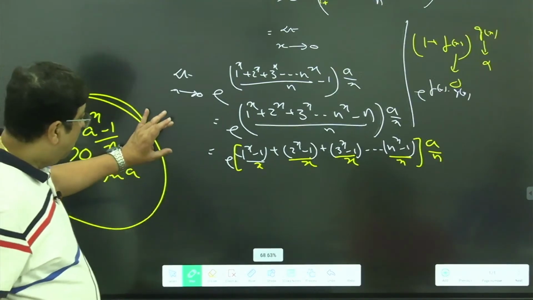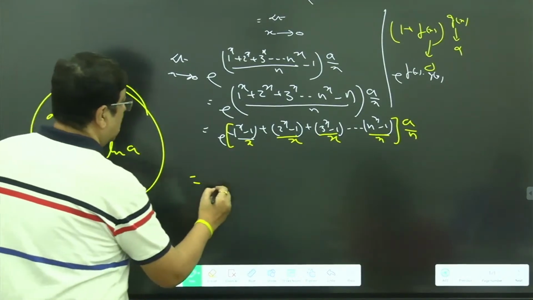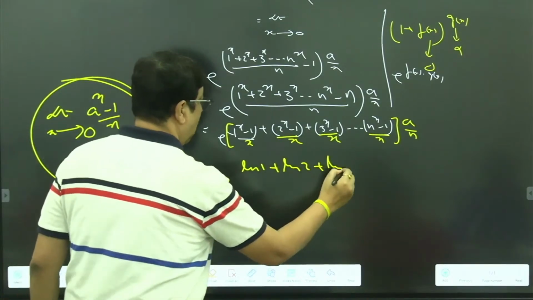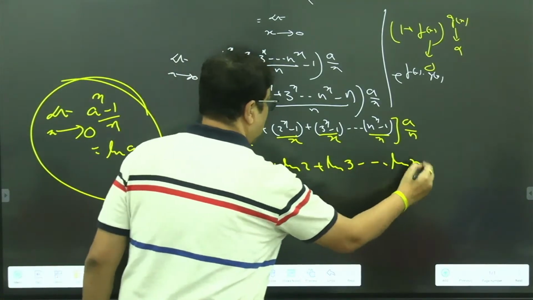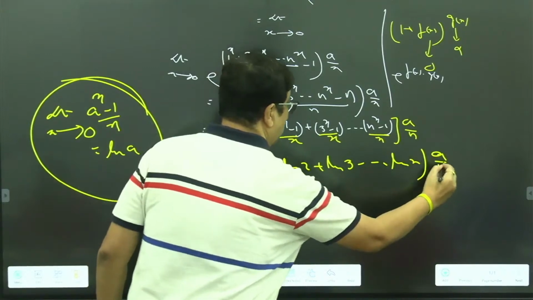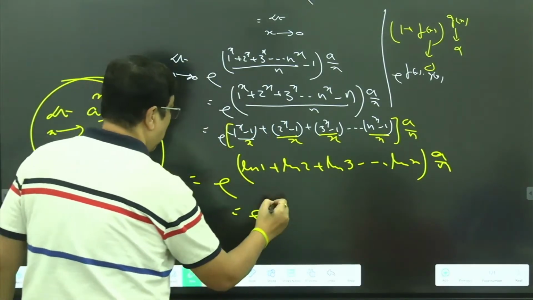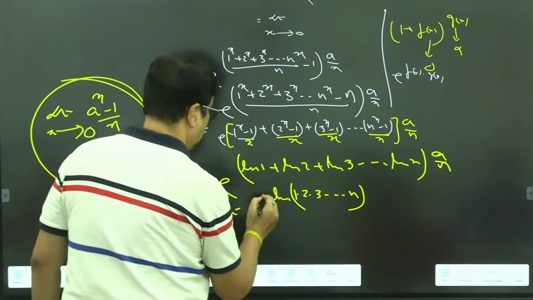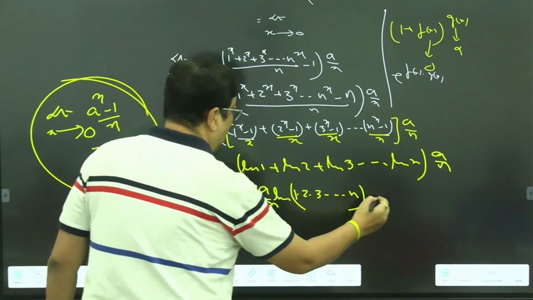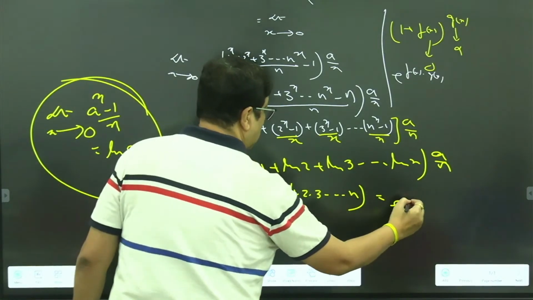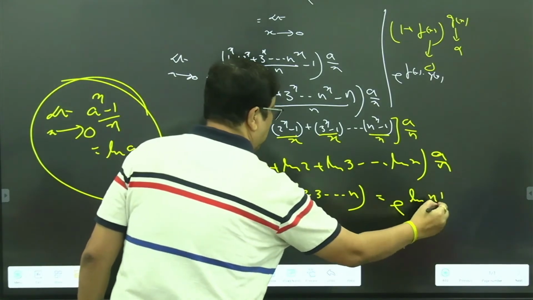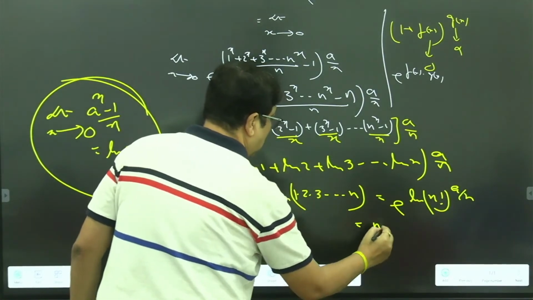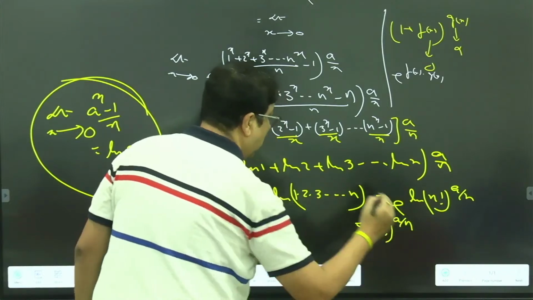Therefore, we can write this as e to the power (log 1 plus log 2 plus log 3 up to log n) into a by n. That is e to the power log of (1 into 2 into 3 up to n) into a by n, that is log of n factorial. So it is (n factorial) whole to the power a by n. Sum is over.